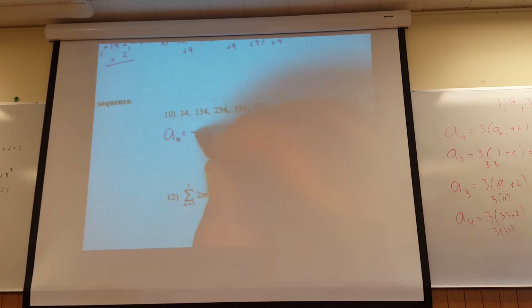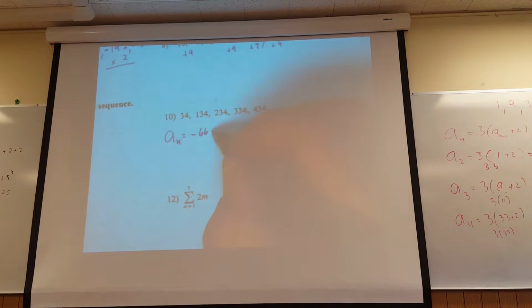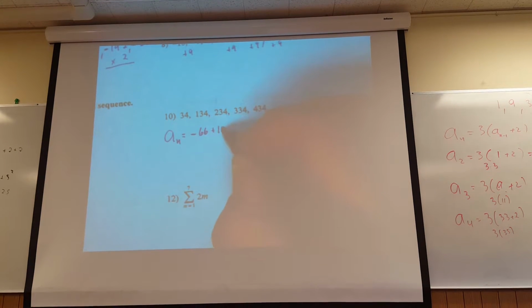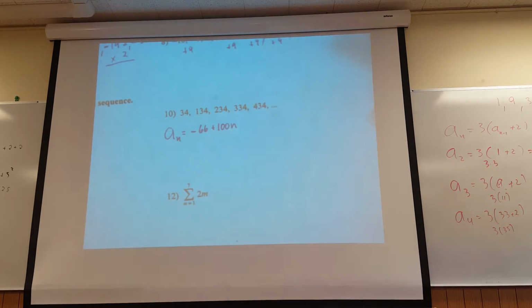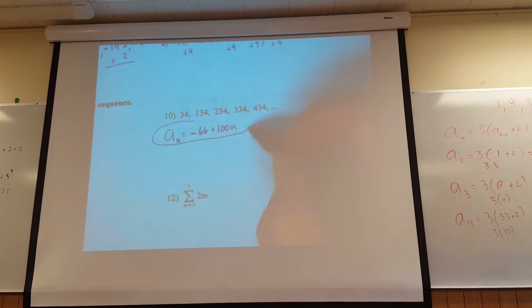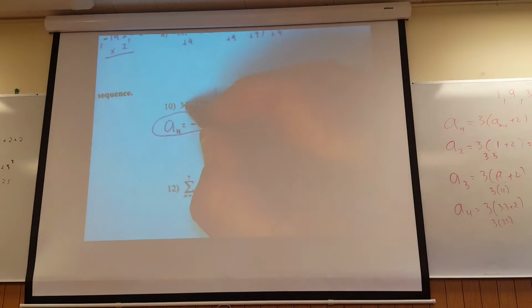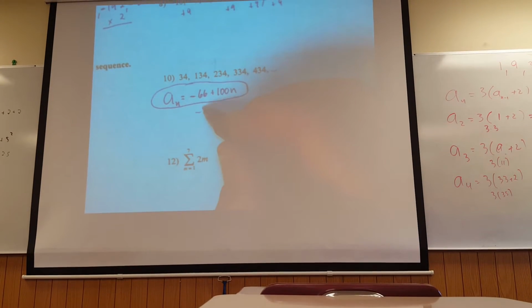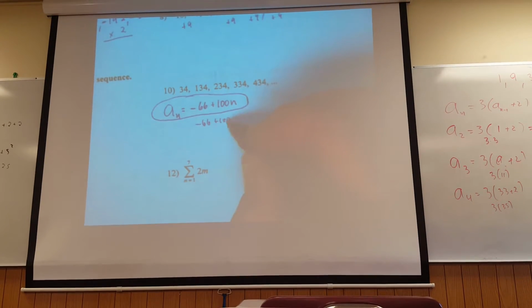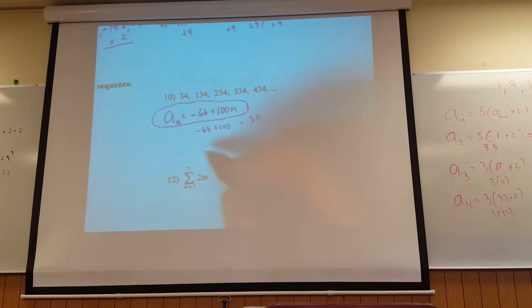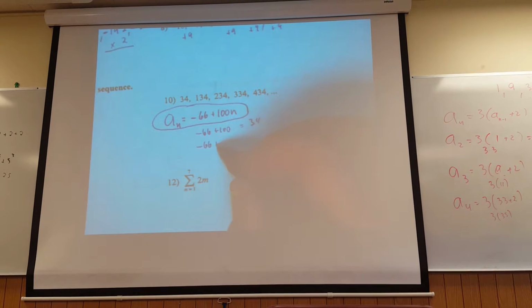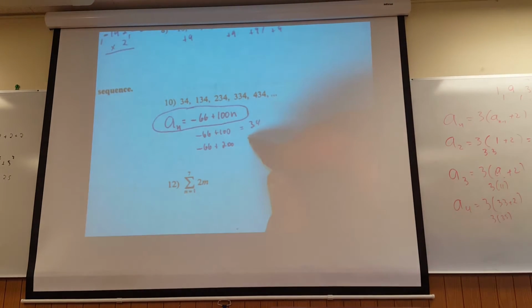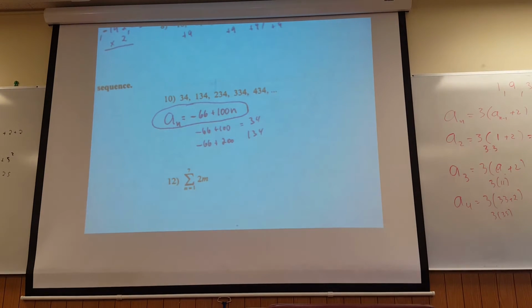Yeah, so it's negative 66 plus 100n. So we get negative 66 plus 100 is 34, and then negative 66 plus 200 is 134, etc. Okay?